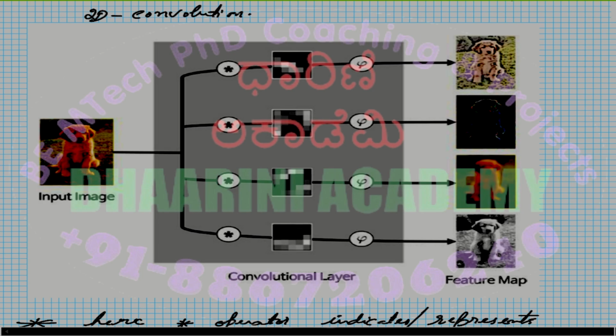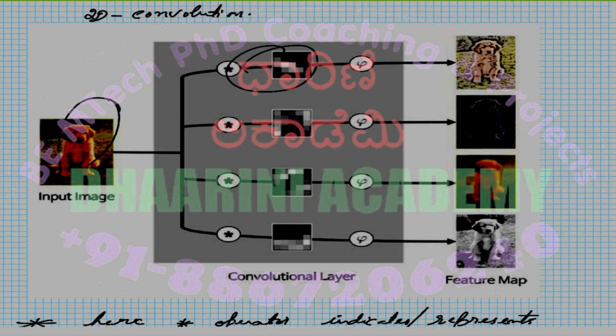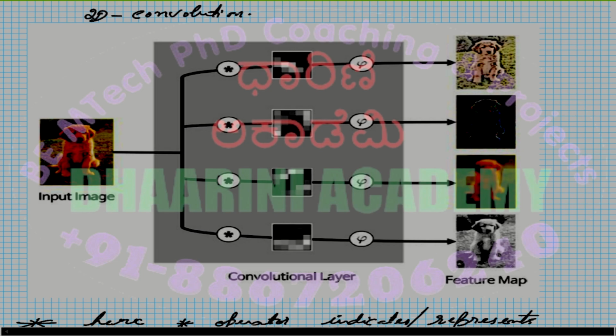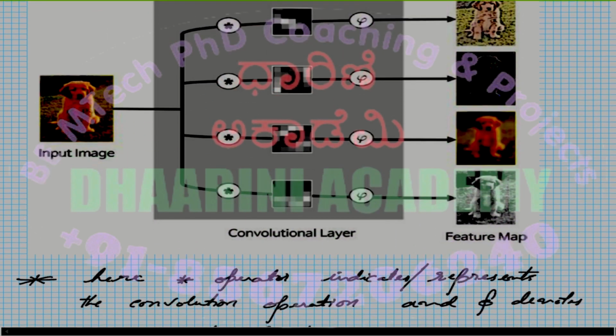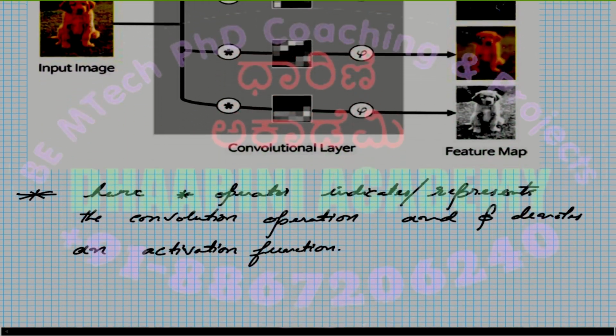You can see that the image is large in size and these filters are smaller in size. And again, the filters have some values. They denote the grayscale. A convolutional layer generates the same number of feature maps as the number of convolution filters. So two points are important. Let me write both the points now.